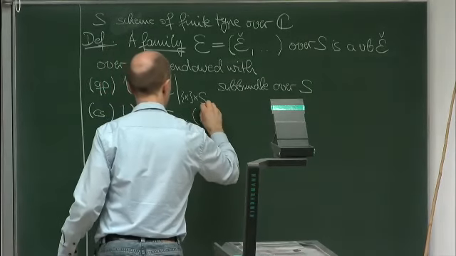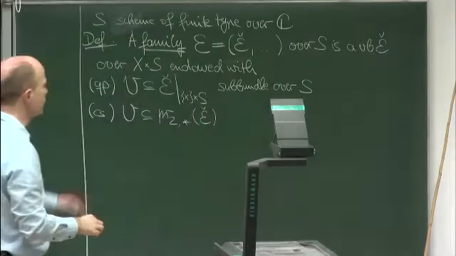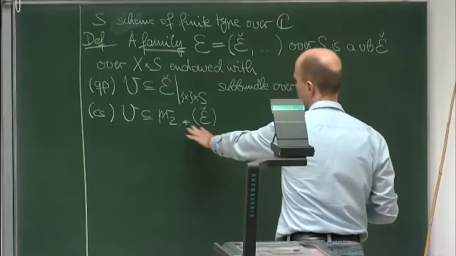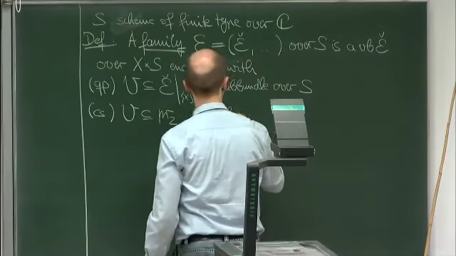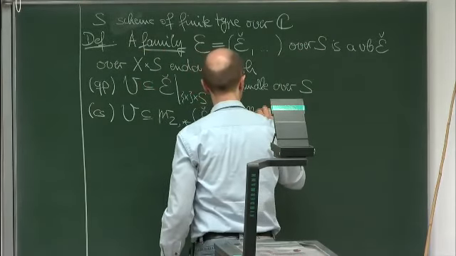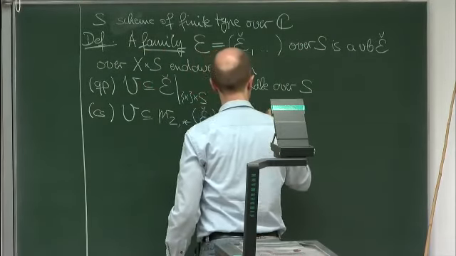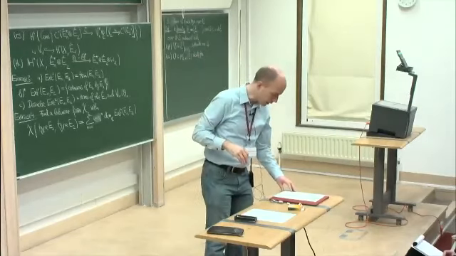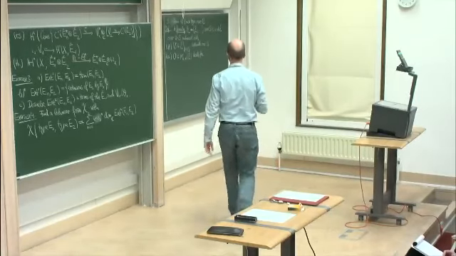So you take the underlying vector bundle over x times S, push it down to S. That is kind of the relative version of its global sections. This is only a coherent sheaf on S in general. And you take a locally free coherent subsheaf, but then I think you have to require a little more.